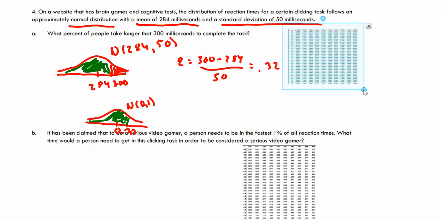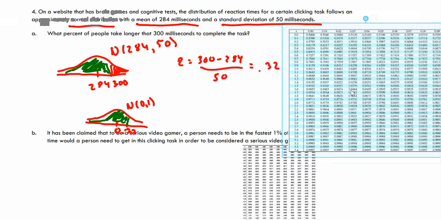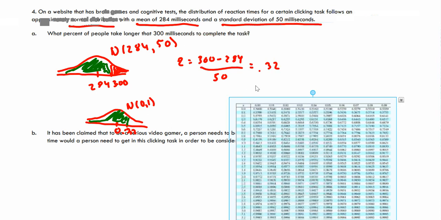And you can see that I finally found it. We're looking for 0.32, and it's located right there. I'll put a little arrow there and underline it. So 0.3 and then 2. That is my percentile.